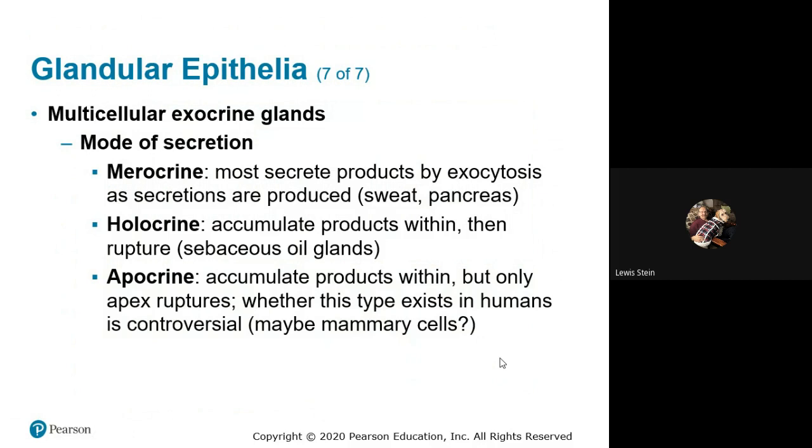There are other examples where the distinction of what makes it apocrine stands for the apex. Here's the same group of cells. What is shed is a little piece of the cell, along with the secretion. So the apex of the cell is how it gets named apocrine.